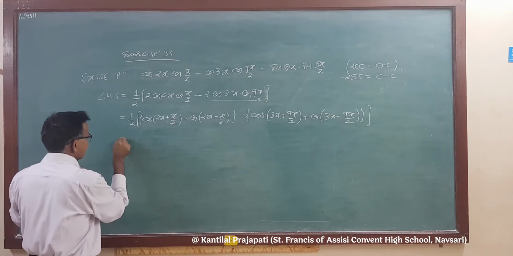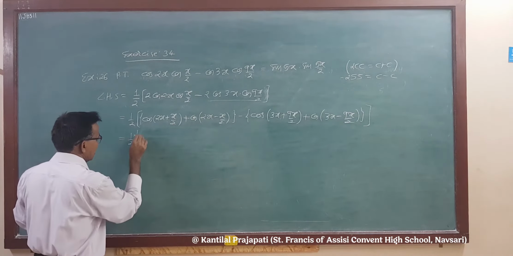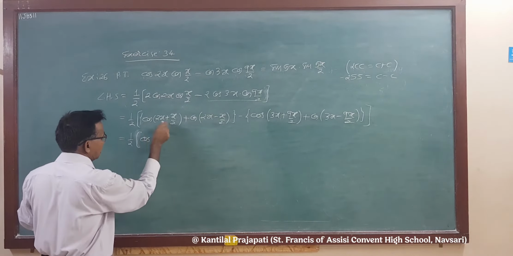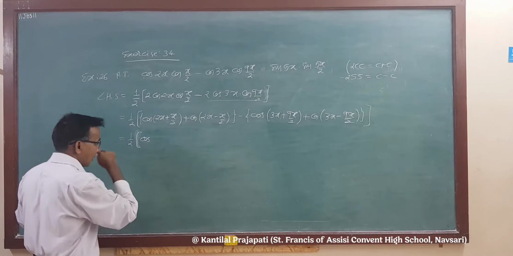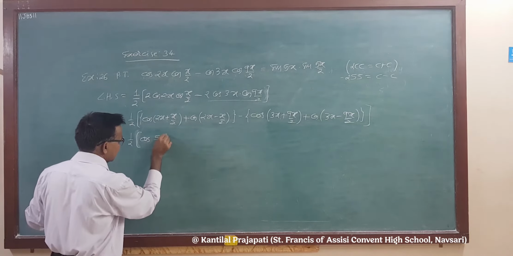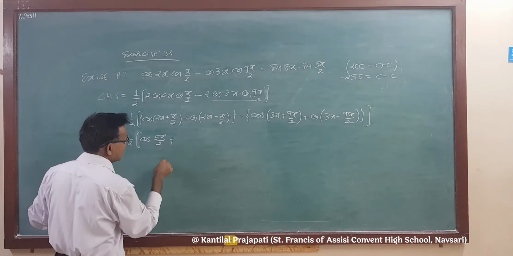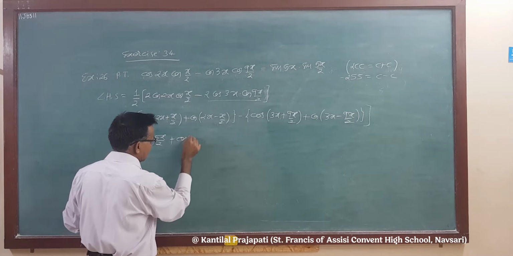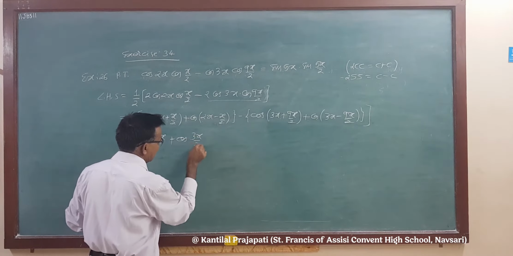So now we write this equal to 1 upon 2. What is in the bracket now? Simplify this: cos of 4x plus x, that is 5x by 2, plus cos of 4x minus x, that is 3x by 2.